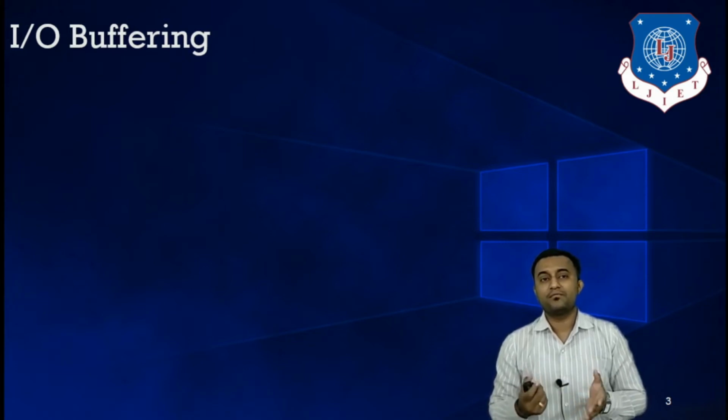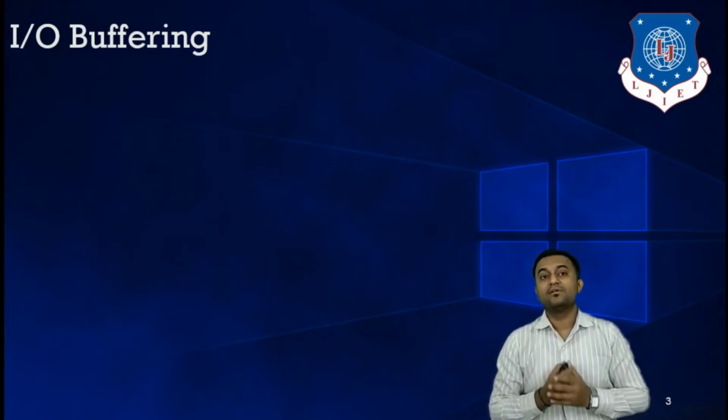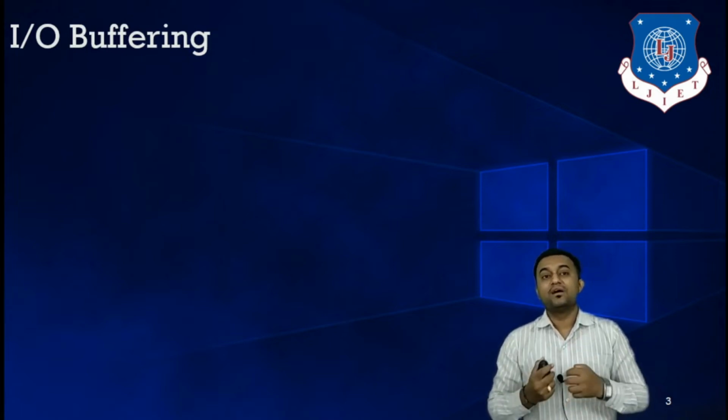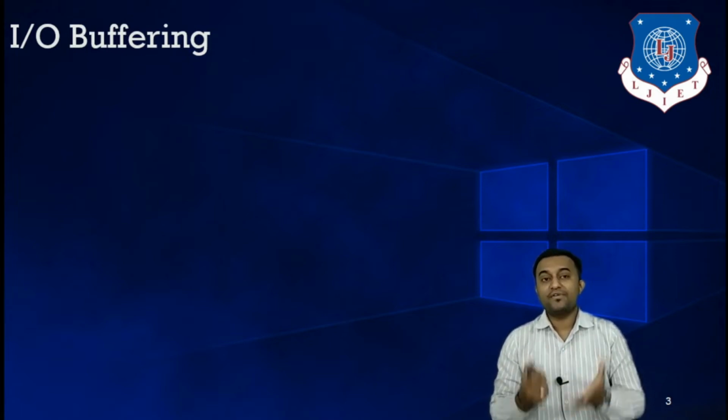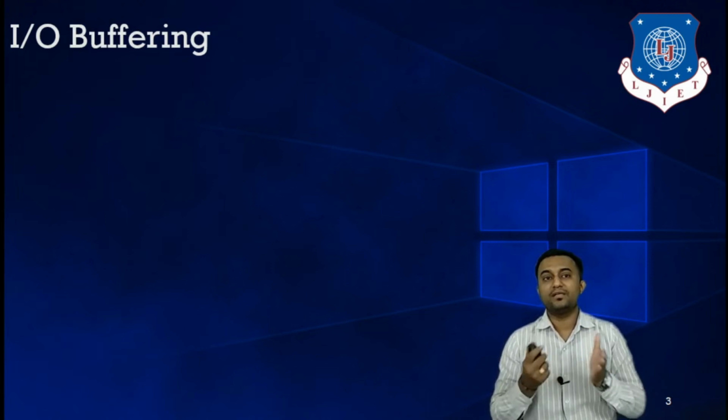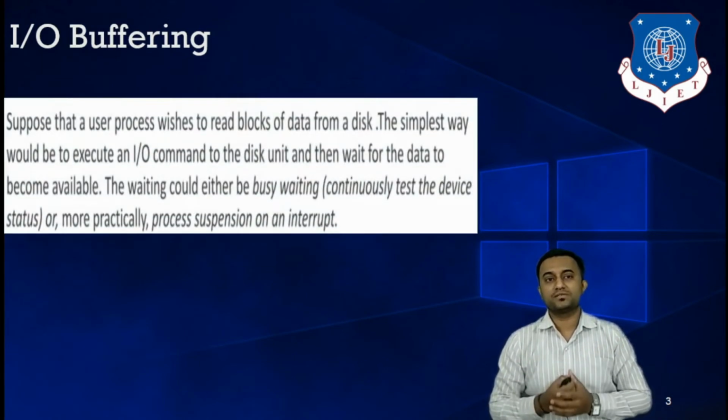So what will happen when multiple requests arrive at the same time? In that case, for some period of time, we can store the upcoming requests in one temporary storage. That storage is nothing but buffer. So let us discuss I/O buffering.